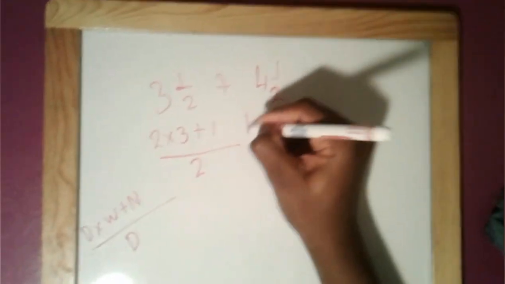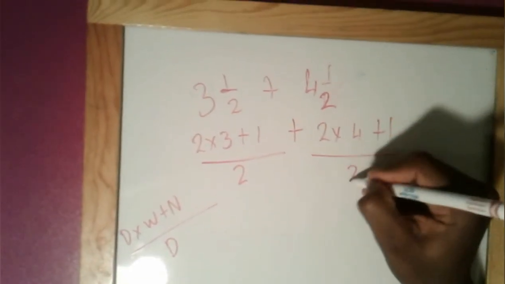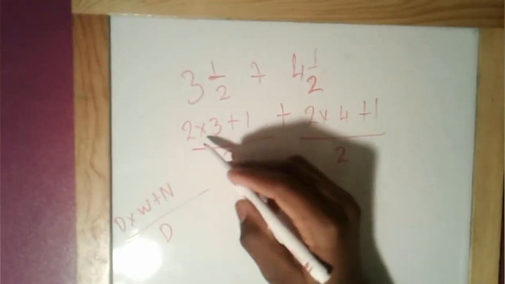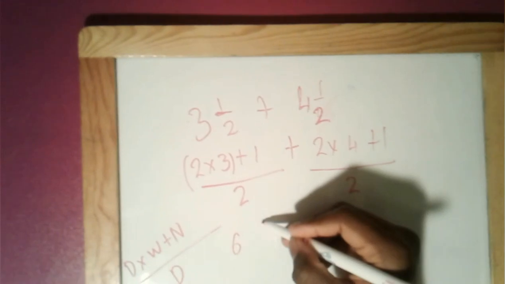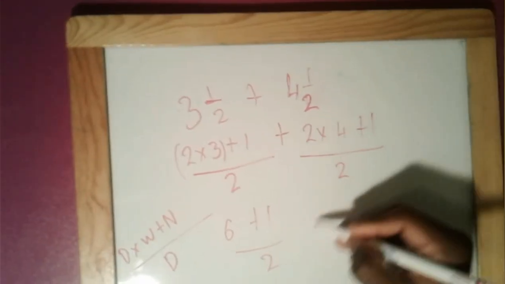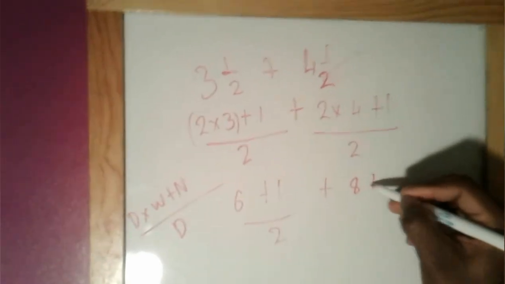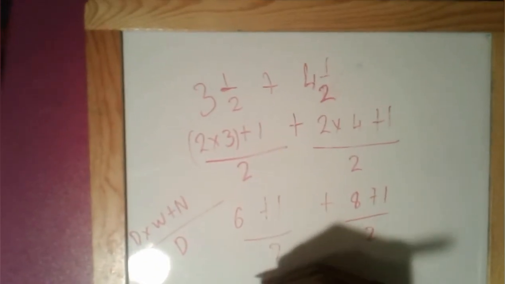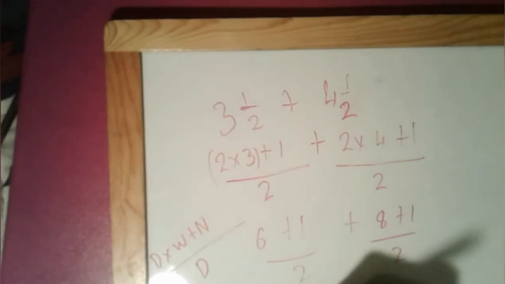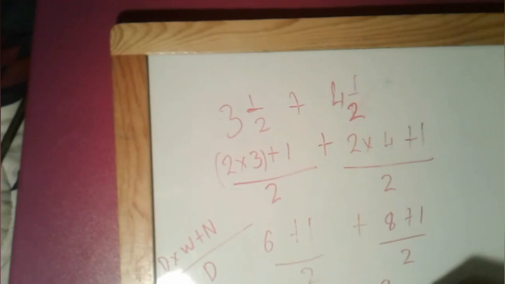The same formula. So when you multiply this one, it will be 6, and then plus 1 out of 2. This one is 7 out of 2 plus 9 out of 2.